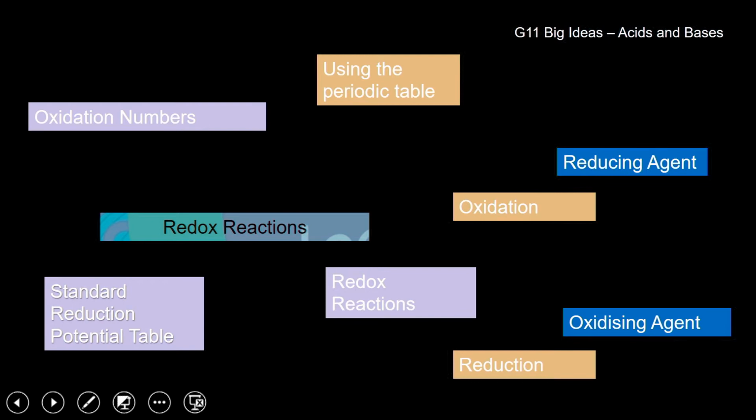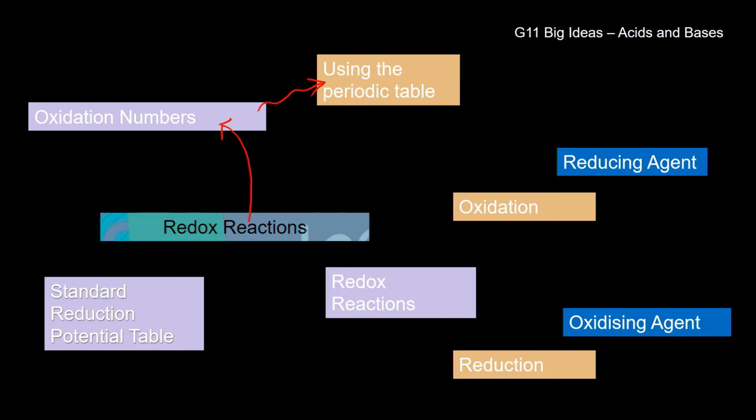Let's have a look then at the overview of the redox reactions and what we're going to delve into today. So, redox reactions. We need to know what oxidation numbers are and how to find them. And in so doing, we're going to have a brief look at the periodic table and how to use it.